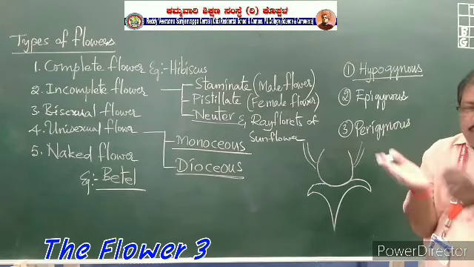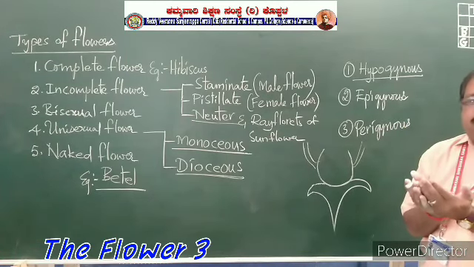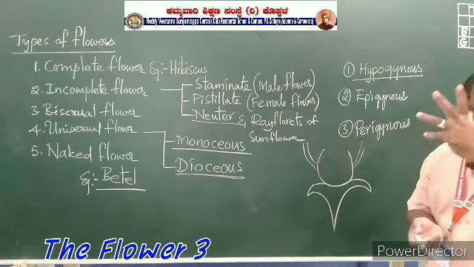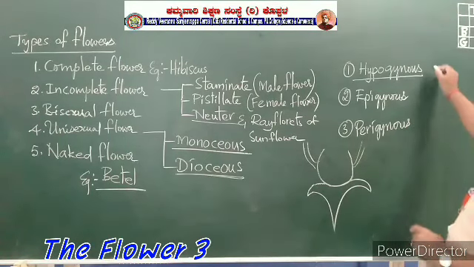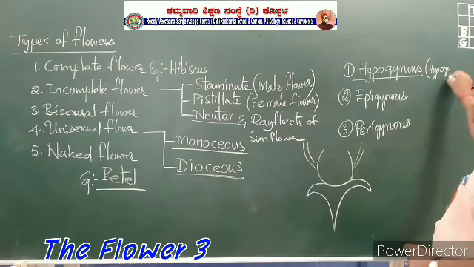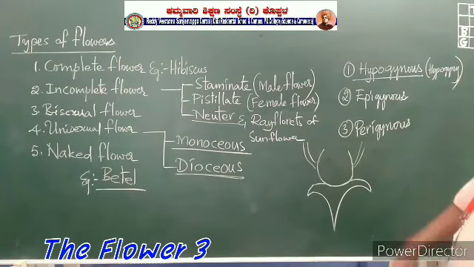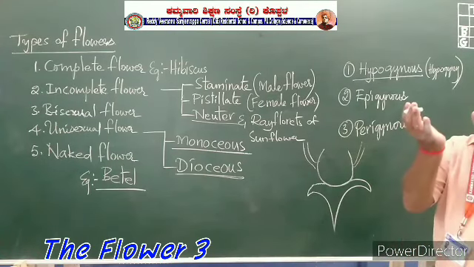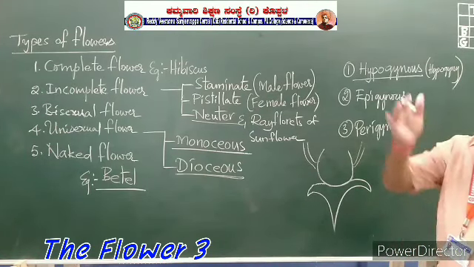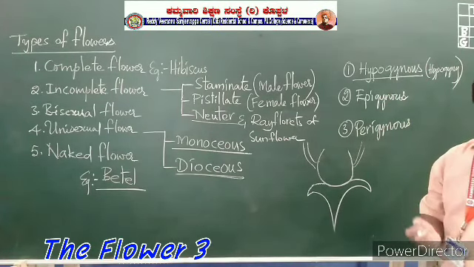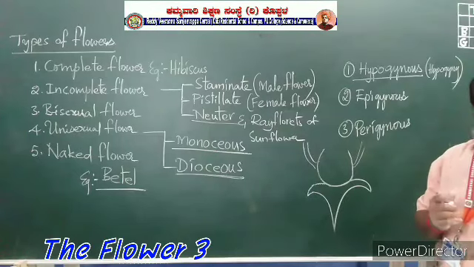That is called hypogynous flower, and the condition of the flower is called hypogyny. In this, the ovary will be above the thalamus, and all other three parts are below the ovary.